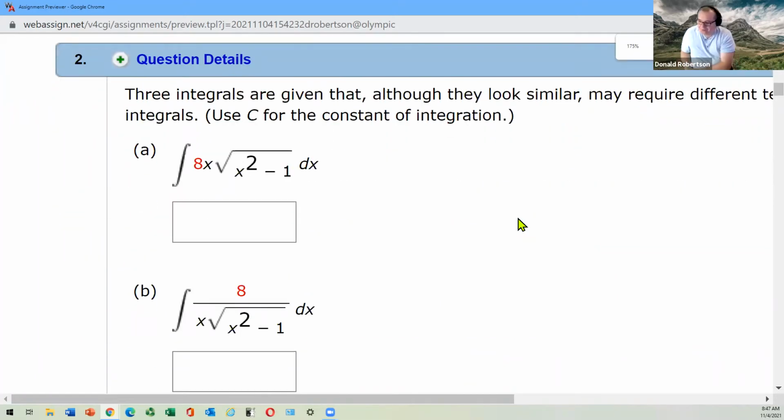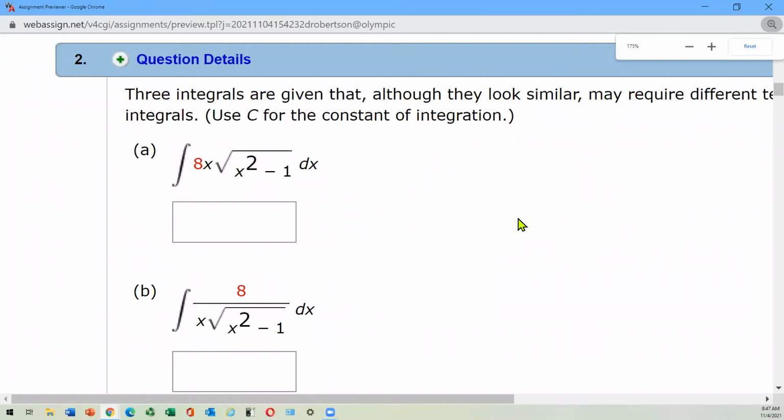2A. X sub? No, but keep that thought for another question. I would use X sub for B. Oh, this is U sub, isn't it?